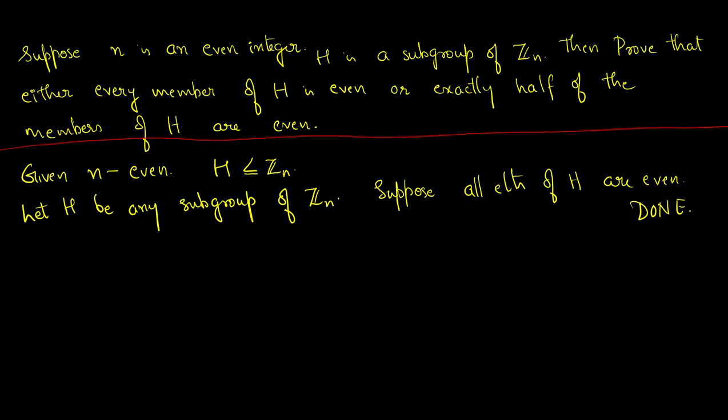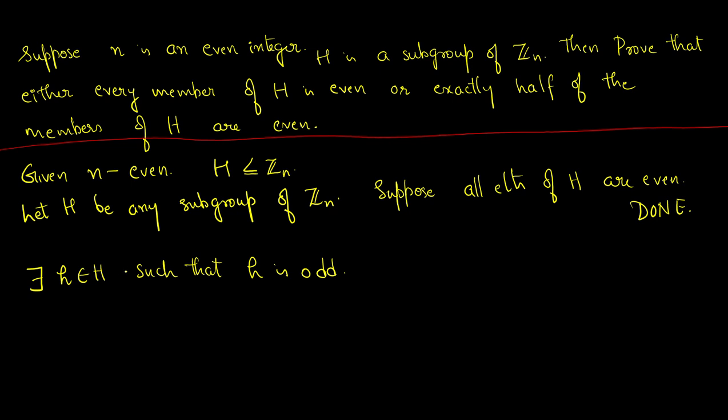If all the elements of H are even, then we are done. Now suppose that is not the case. That means there exists at least one element in H such that it is odd. Now we are considering the other case.